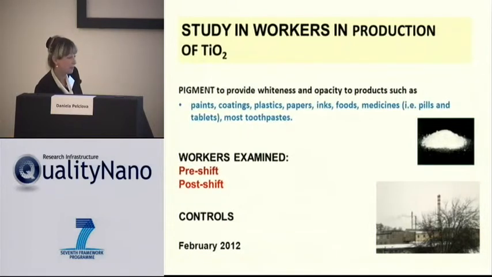Titanium dioxide is famous for the extreme whiteness of this powder and the opacity that it gives to the products used in industry for paints, coatings, papers, etc., but also for foods, including yogurts, or pharmaceuticals, pills and tablets, but also toothpaste and sunscreens. The workers were examined both pre-shift and post-shift, and we had a control group, and it all happened in February 1 year ago.